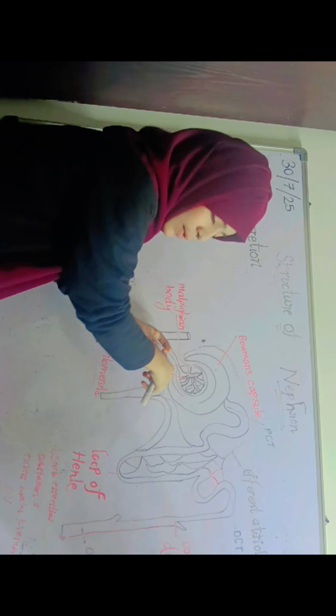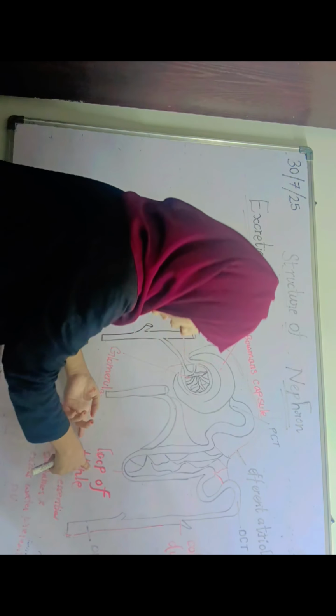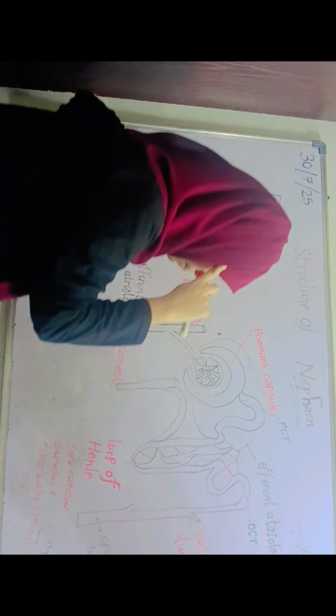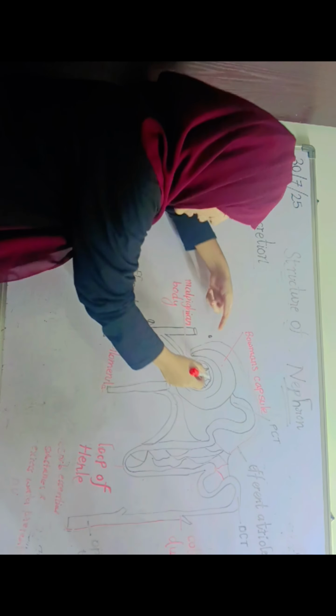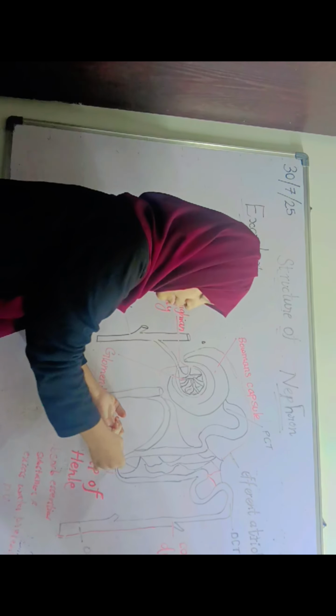The filtered blood again goes through the arteriole into the loop of Henle. Loop of Henle function is to absorb essential substances and excess water present in the primary urine. So up to here this filtration is called glomerular filtration. The loop of Henle is a U-shaped structure.